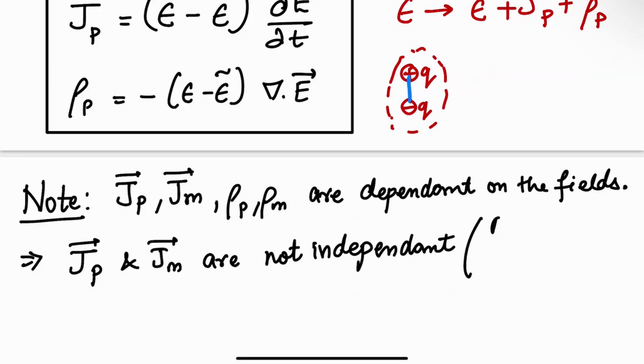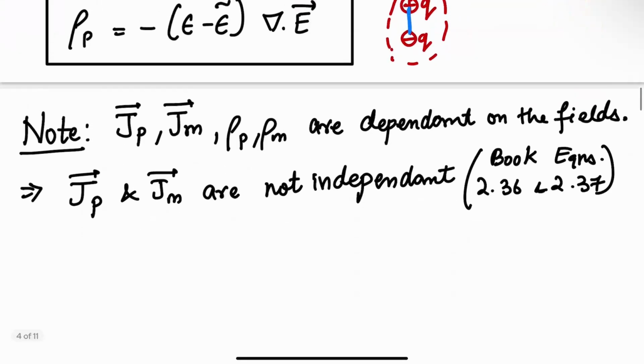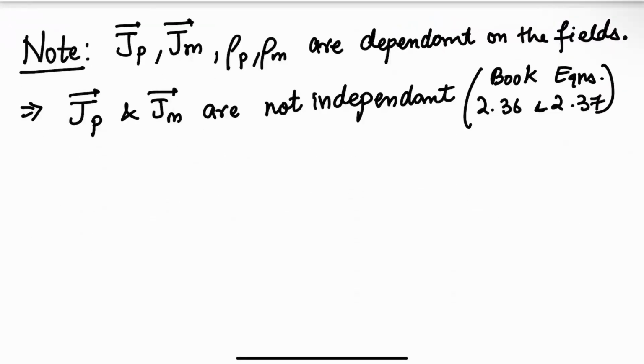So in the book, you can look at equations 2.36 and 2.37 to see what that relationship is and where it comes from. Okay, I'm not going to do it here. It's not really that relevant. It's important to just remember that they are in fact related.